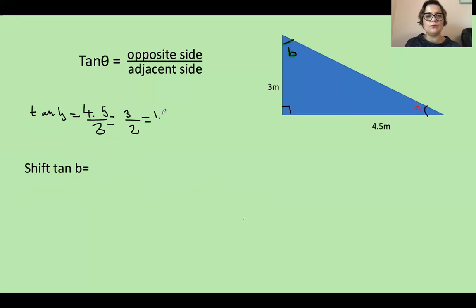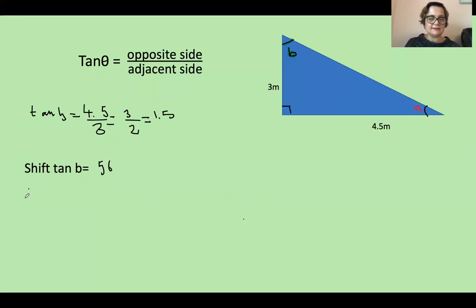Then use shift tan B, meaning shift tan and then write this decimal number here. So shift tan 1.5, and then the answer here says 56.